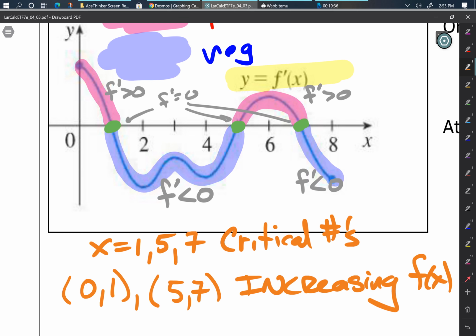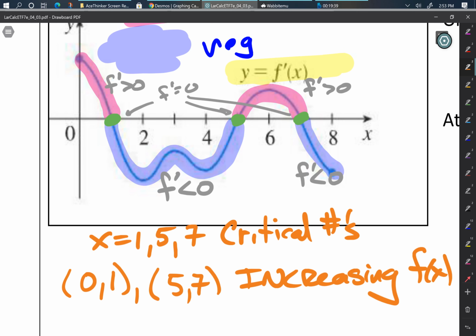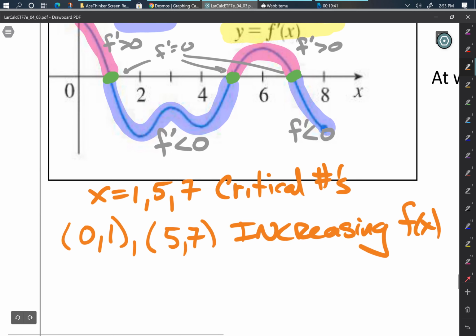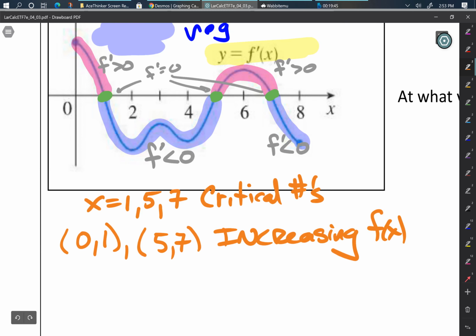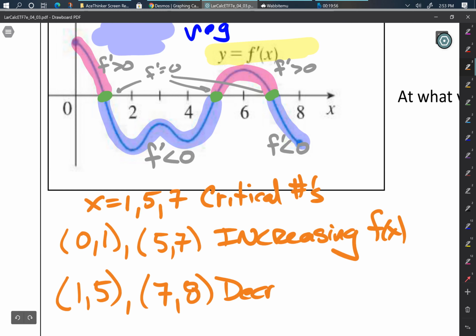Now, how did that happen? The derivative is positive, the function's increasing. The original function, remember we're looking at f prime here, right? Same logic. What's happening from 1 to 5, and then again from 7 to what appears to be 8?